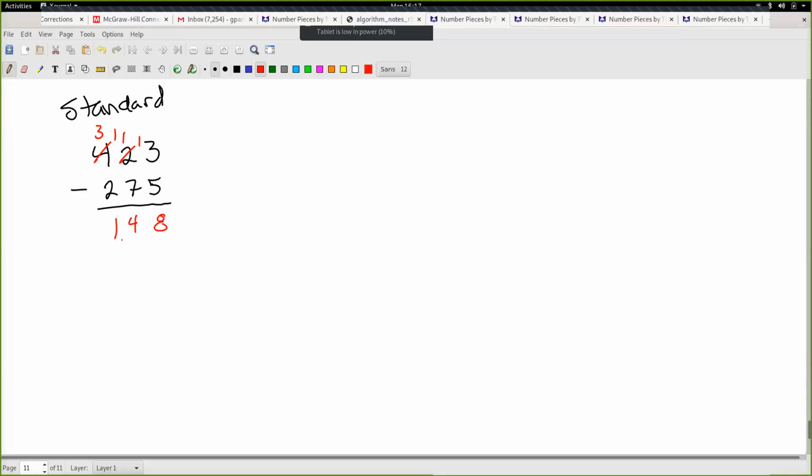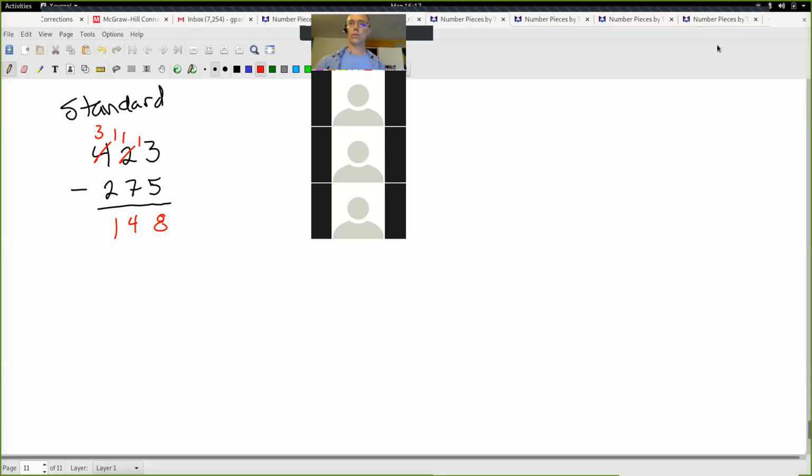Okay, so I got 148 if I didn't make a mistake. Anyone else get that? Let's see, I can't see you guys, so I need someone to give me a yes or no. Yes. Thank you. Okay, so now let's try the complement method.